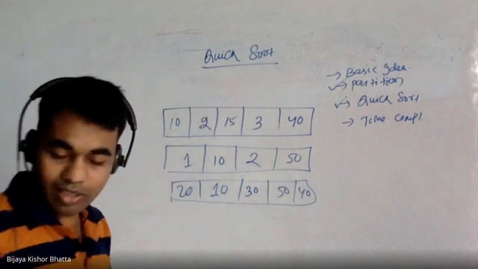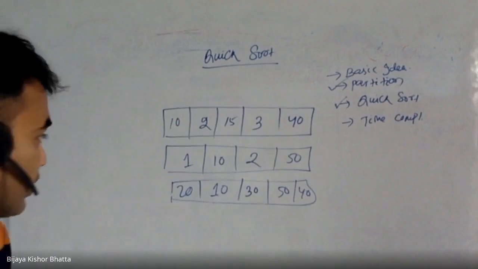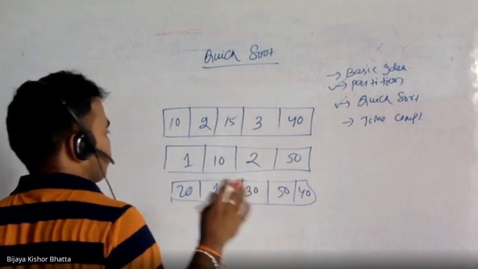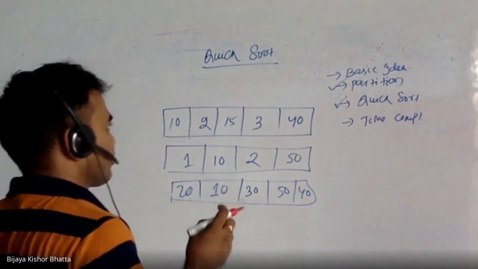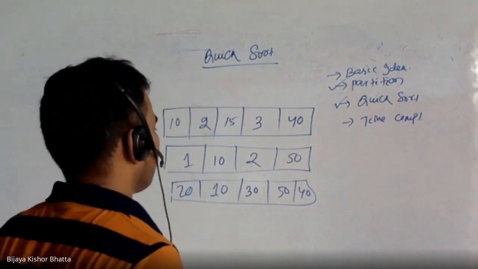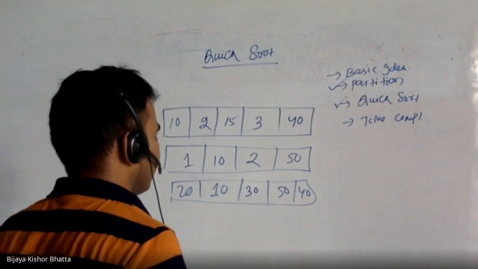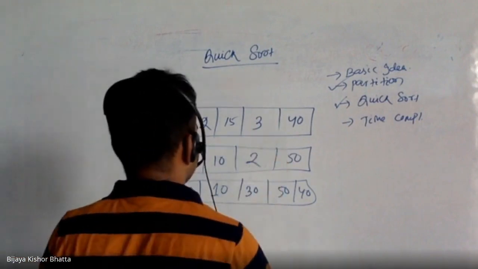What I like in these given arrays is that there is one commonality, one principle that is going to be used in quick sort. The principle is known as the partitioning principle. We'll go into it in detail, but let's try to understand with this example.